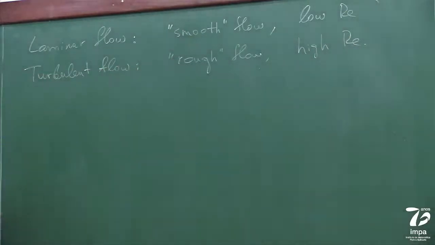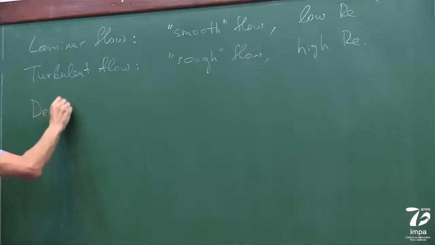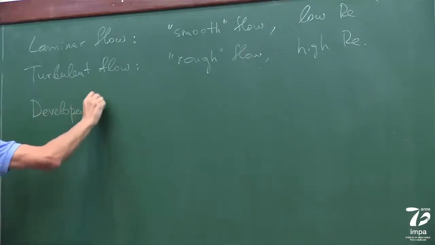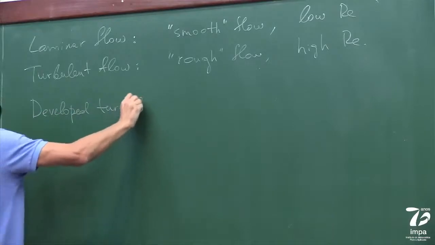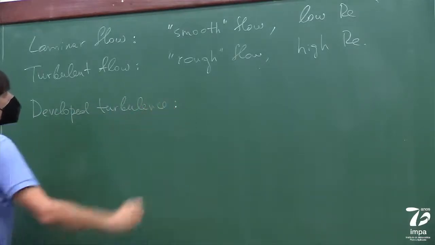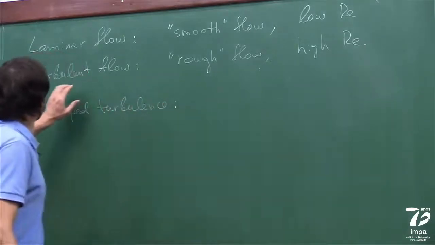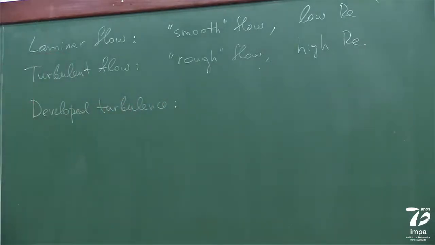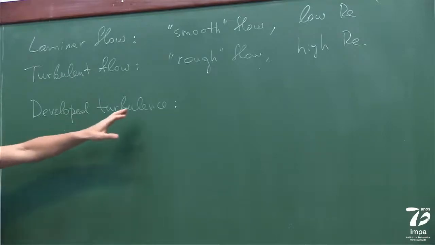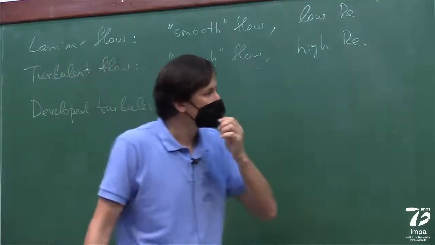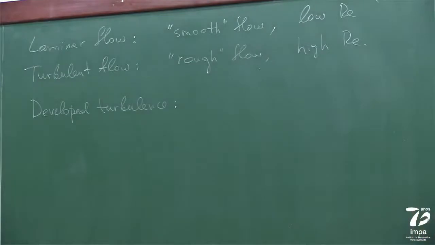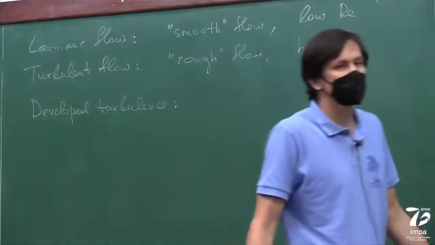And there is also a term which now has a mathematical meaning, which is developed turbulence. Developed turbulence corresponds to the limiting situation when the flow is very turbulent, so the most turbulence possible, and we see that the only parameter that defines the behavior is the Reynolds number.